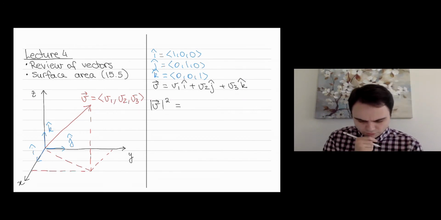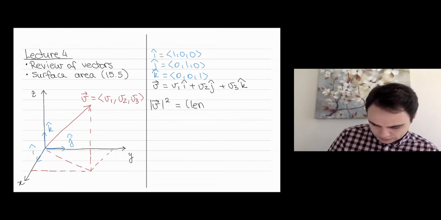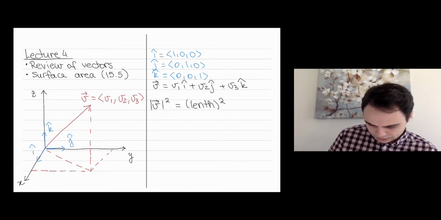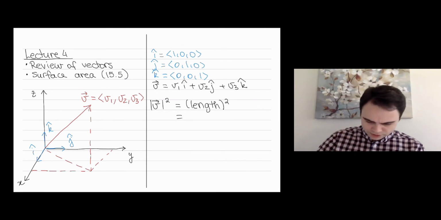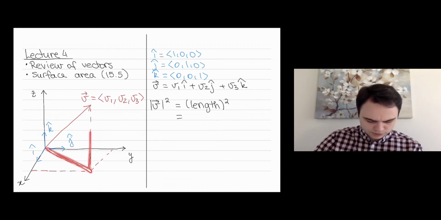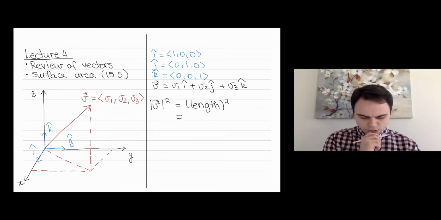So to explain the notation, what I just wrote means the length of v squared, and we can compute it using Pythagoras' theorem twice. By Pythagoras' theorem, the length of v squared is equal to the length of the base of this triangle squared plus the height of the triangle squared, the length of this vertical piece squared.